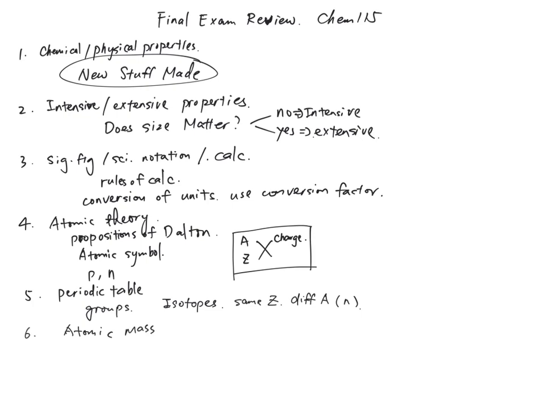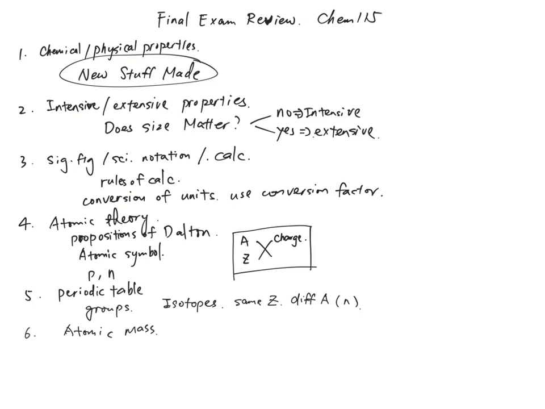Then after we introduce all these different atoms, we discussed atomic mass, the mass of different atoms. It's kind of a characterizing number for different elements.